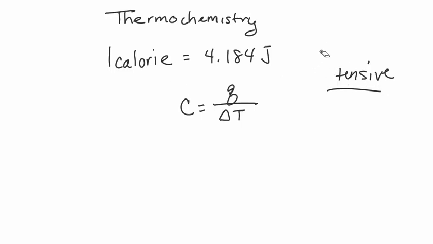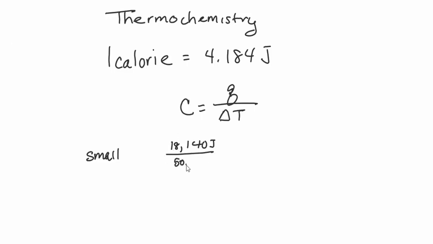For example, if we have 2 pans, a small pan and a large pan, and we find that the small pan is going to take 18,140 joules in order to change temperature by 50 degrees Celsius.